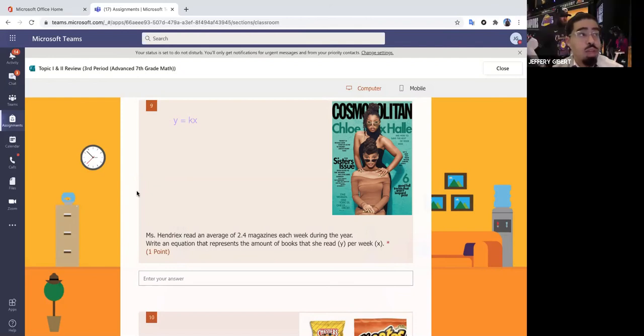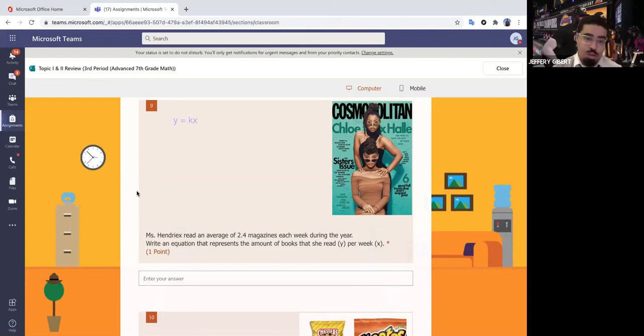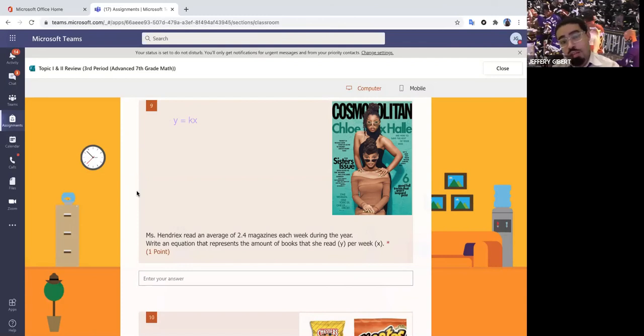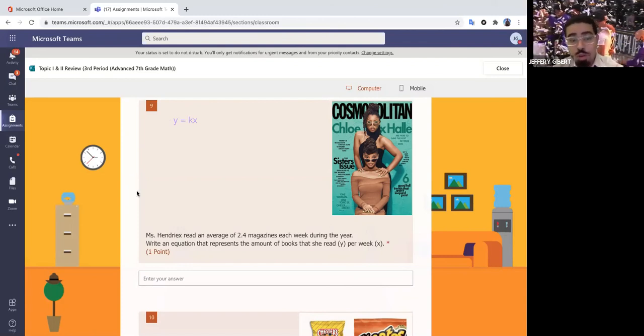So on this one, they actually told you what the k is. You don't even need to find the k. They tell you what the k is. So I'm going to give you 30 seconds to see if you can figure out what the equation is. It's y equals kx.